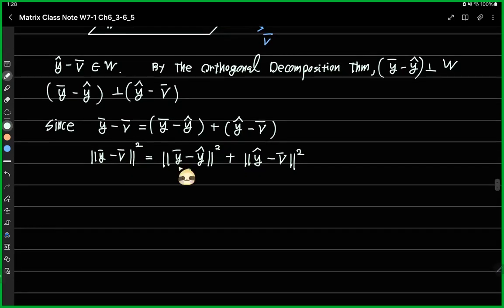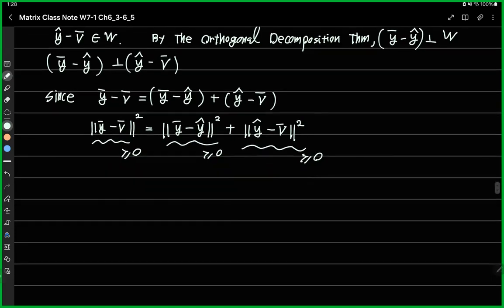Definitely each norm is greater than or equal to 0, because keep in mind every norm is positive, not negative. It means that the norm of Y minus Y hat must be less than the norm of Y minus V. The proof is done.